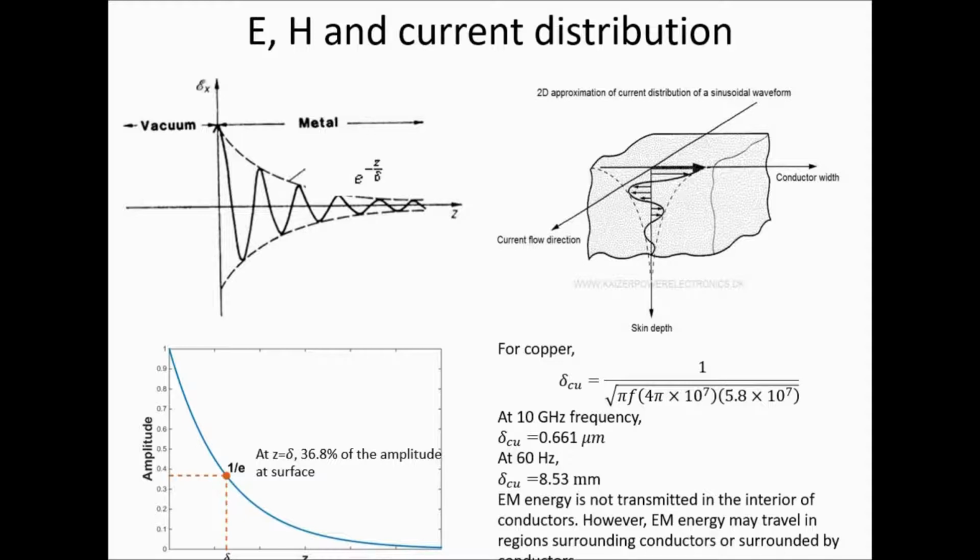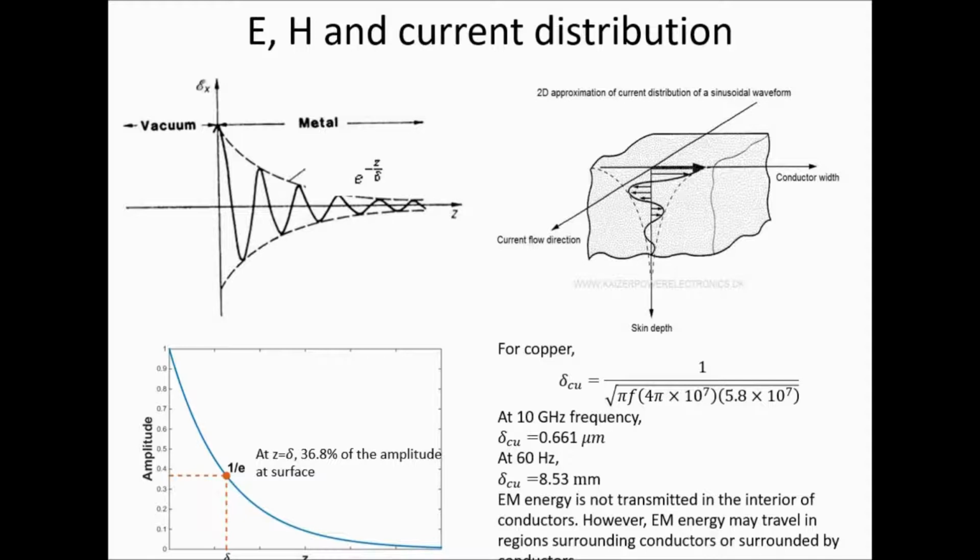Now, if you look at the skin depth of copper, you can find that at 10 gigahertz frequency, the copper skin depth is 0.661 micrometer. So this information may be important for designing a waveguide, a guided structure, or an electromagnetic shielded room.